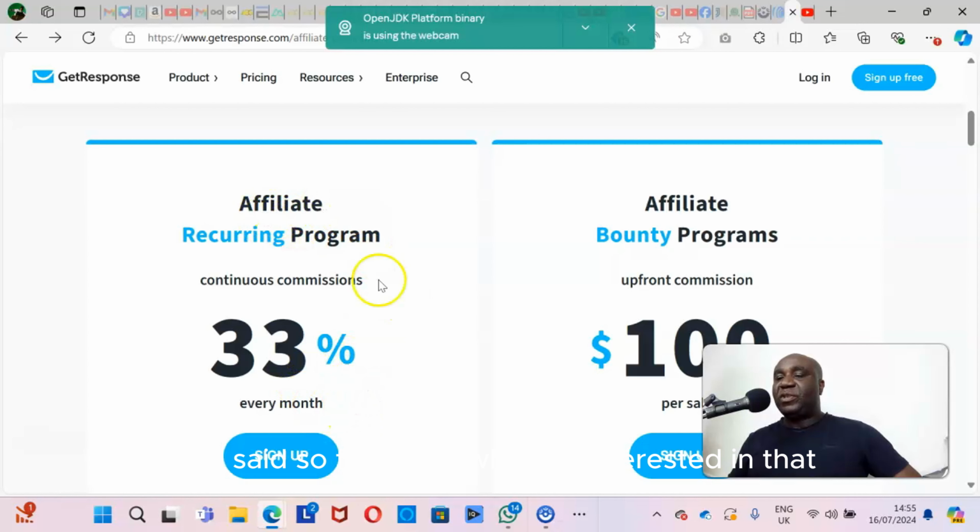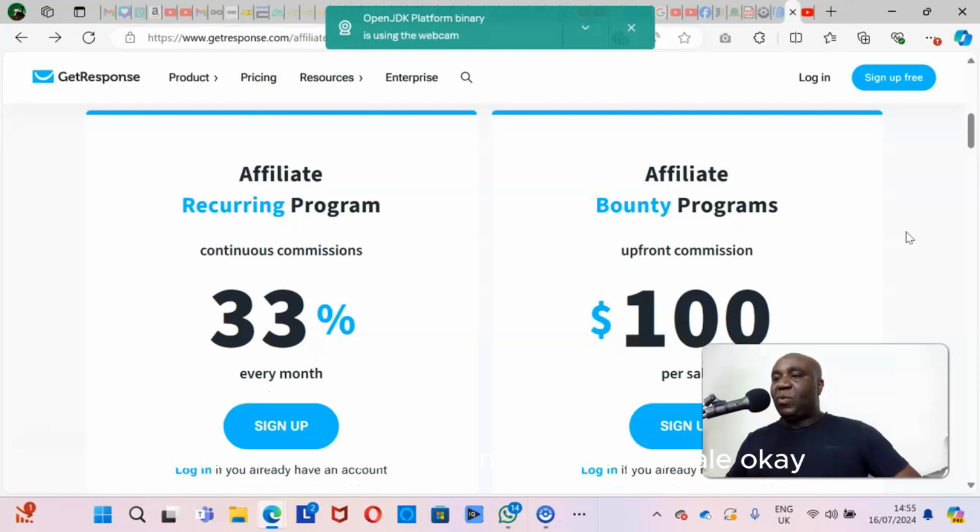Those who are interested can sign up using that link and promote it on the internet however they want to, and for every person you sign up through that link, you'll be earning 33% of whatever they are paying to this company.